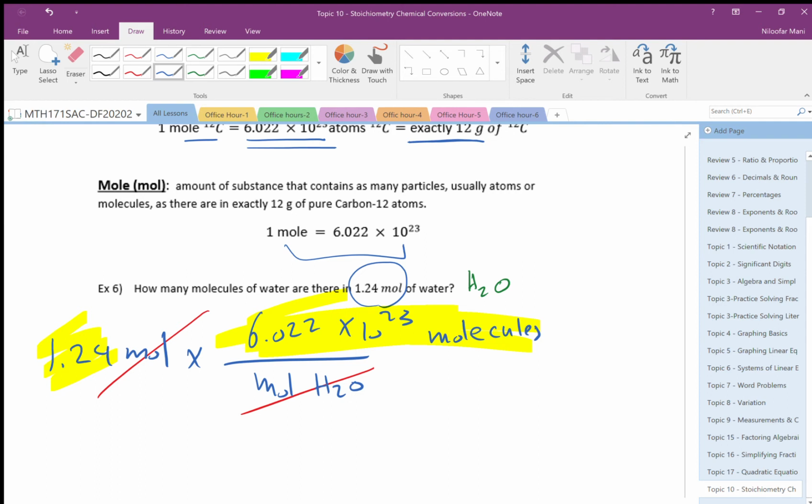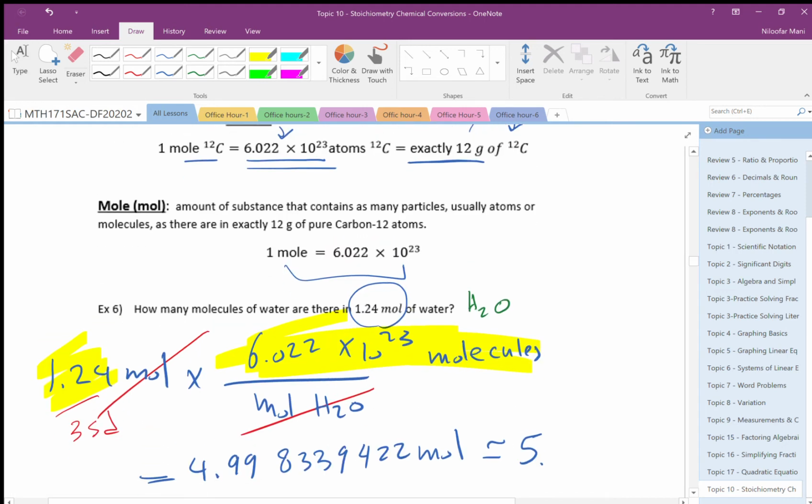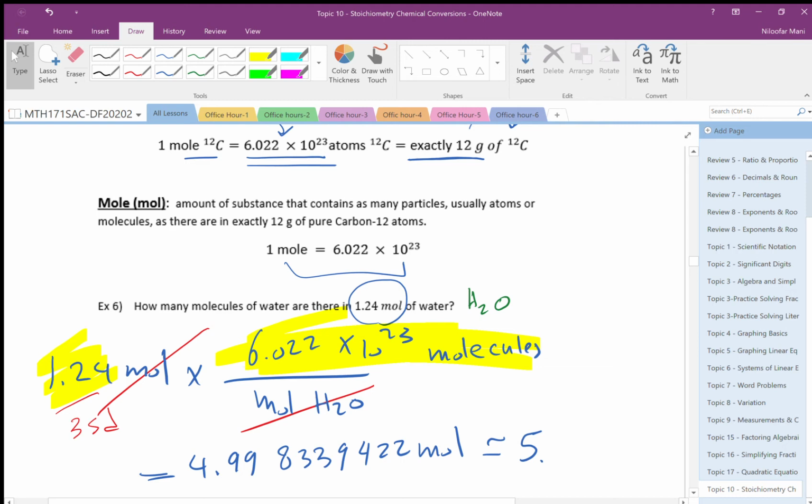So you can multiply, and that number is 7.4683... Let me think about significant digits.